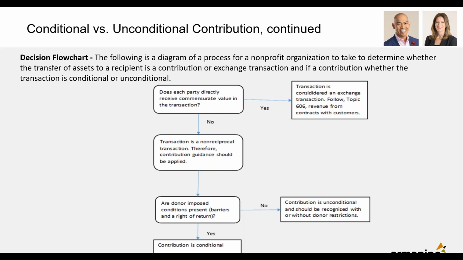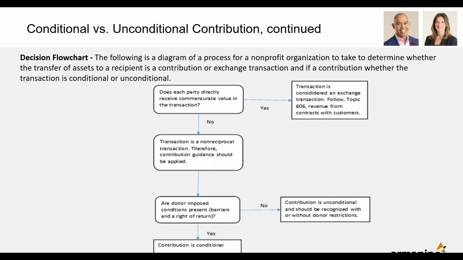So at the bottom of this chart on the slide here, when you get to the point of whether or not you've determined it's conditional or unconditional, you may still have to ascertain whether or not it's with or without donor restrictions. Indeed. If you think about it like a tree, like we're trying to describe here, it's the next step in the process.